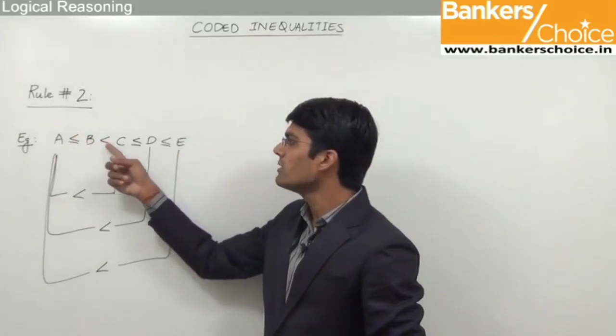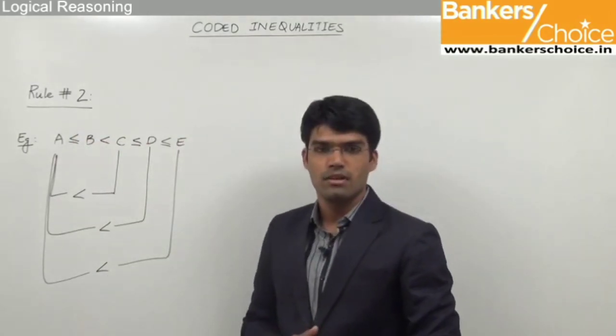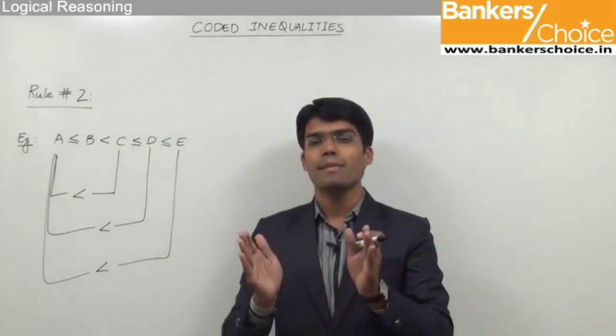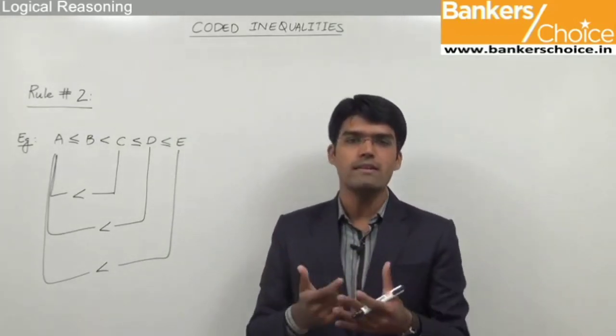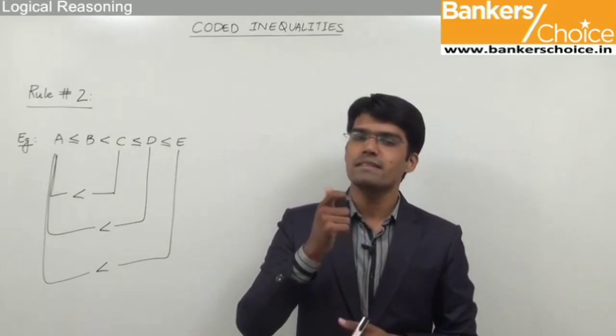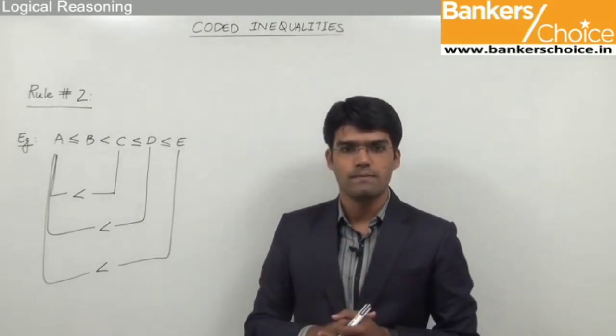So the common part in all the four cases is less than. So we should take that as the relationship. So the idea here is, whenever you are comparing two distant variables which have got two or more inequalities between them, we should always consider only that part which is present in each of the inequalities.